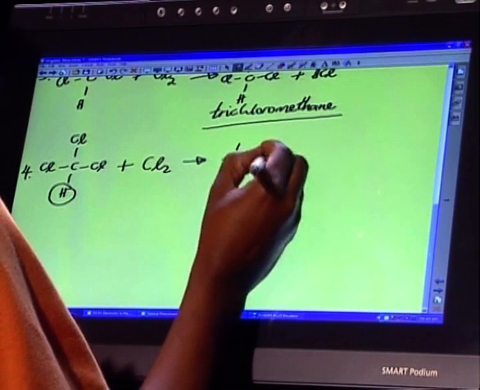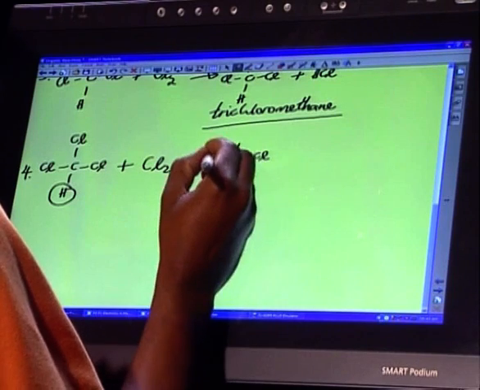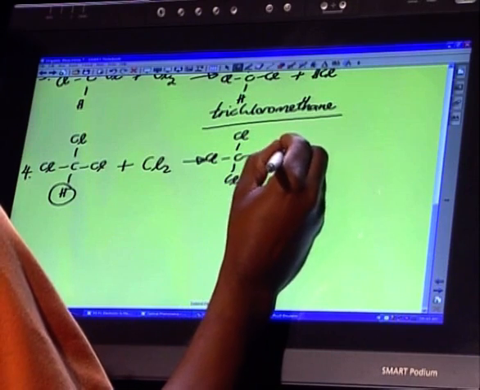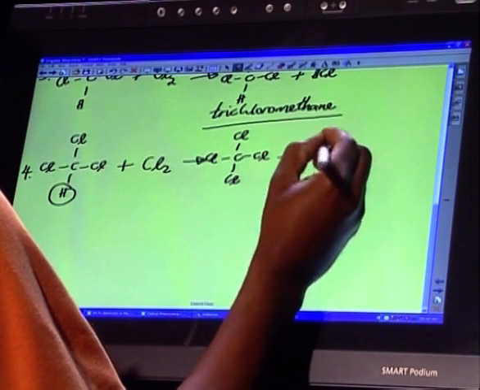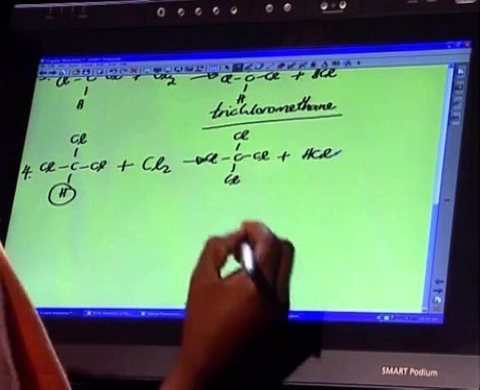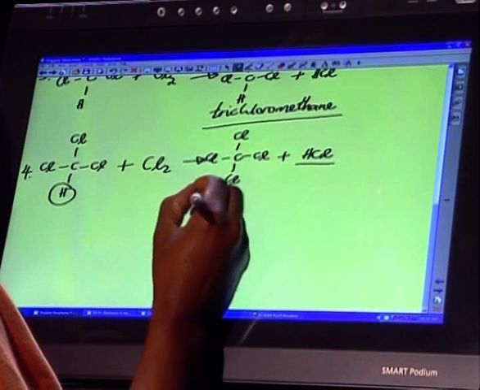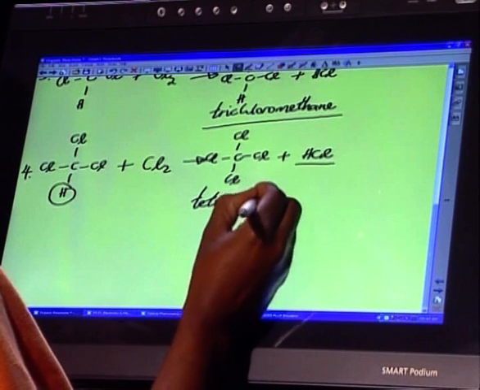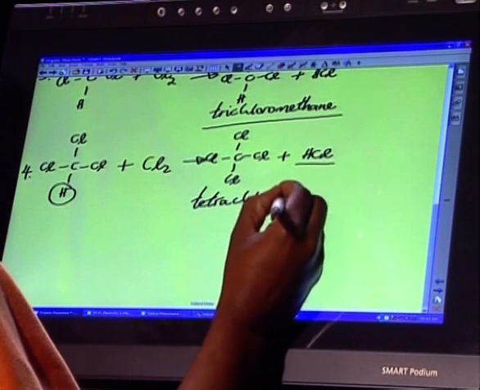We're going to have the carbon atom completely surrounded by chlorine atoms, and that hydrogen atom attaches itself to the other chlorine atom to give you your hydrogen chloride. So this is your tetra for 4, tetrachloromethane.